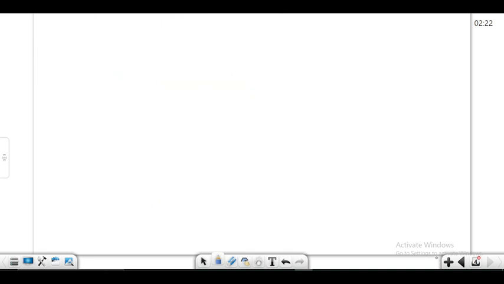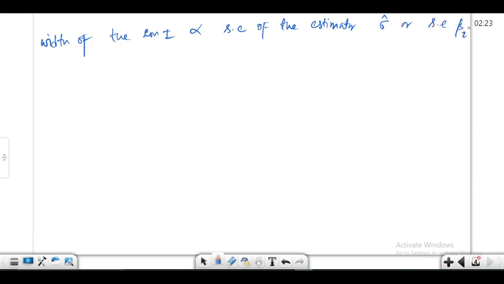So what this means is that the width of the confidence interval is directly proportional to the standard error of the estimator, that is sigma hat or standard error of beta 2 hat.